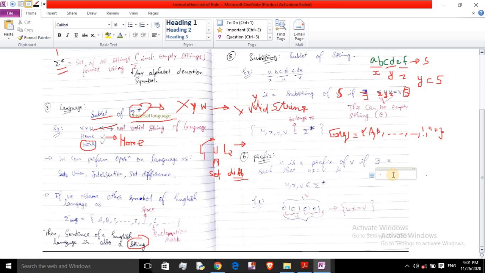Okay. Now look. See what I am saying here: y is a prefix of s if there exists x such that yx is equal to s.